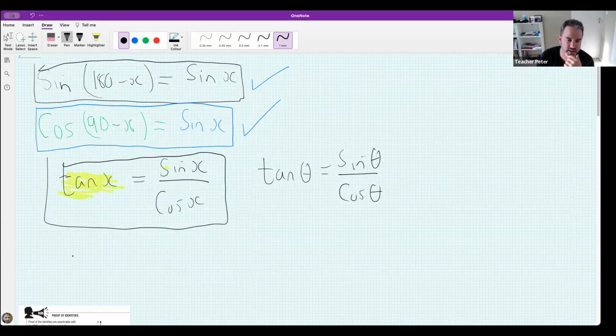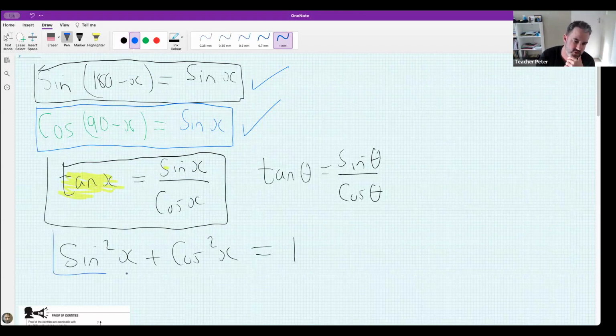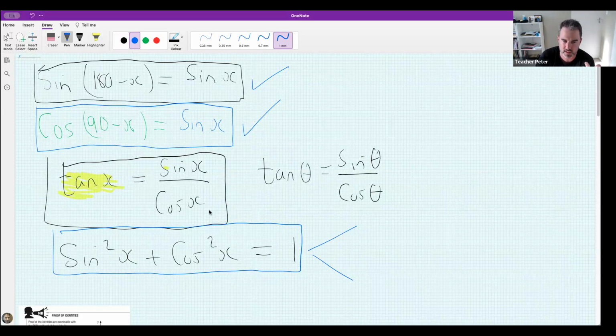And then the other one, it's called the square identity, and I'll show you later why this is true. If you go sine squared x plus cos squared x, that will give you 1. Also a little bit weird, but that is an identity that you need to know. So if you've got sine squared of an angle plus cos squared of an angle, this can also be rewritten in different ways. If I bring this across, we can rewrite this as cos squared x equals 1 minus sine squared x.